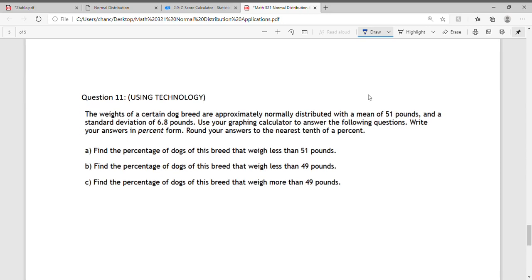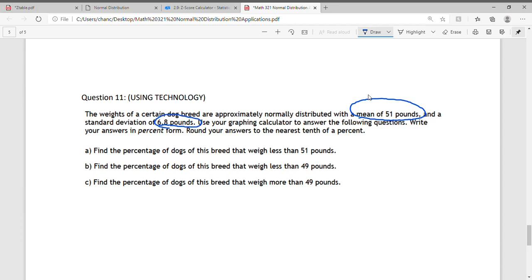In question number 11, we're going to use technology because this question will take us a long time if we have to do it by hand. So let's use technology. The weights of a certain dog breed are approximately normally distributed with a mean of 51 pounds and a standard deviation of 6.8 pounds.